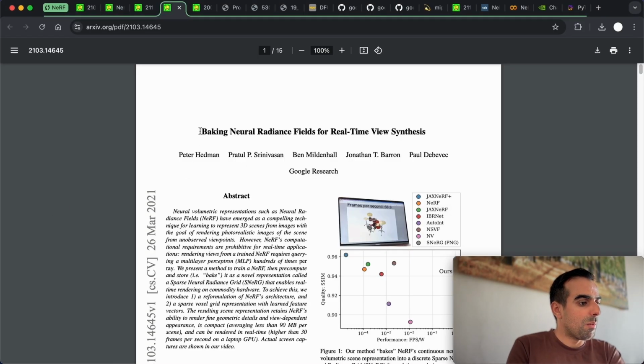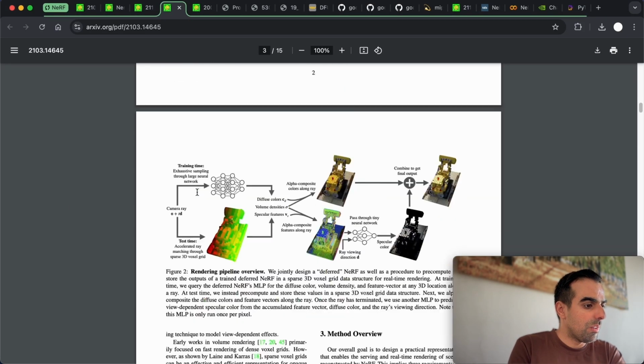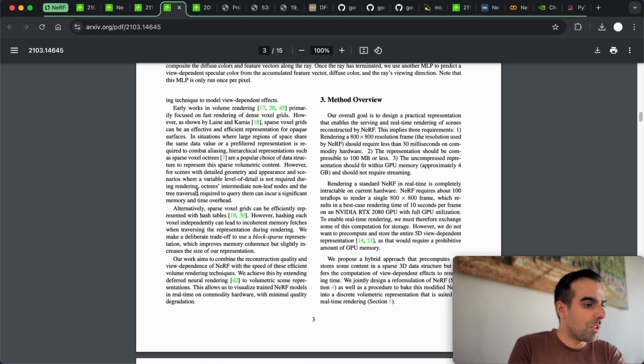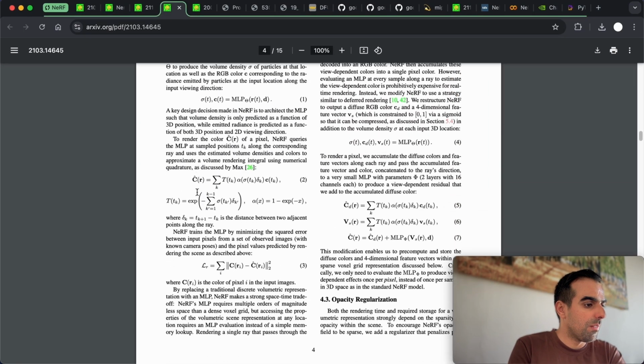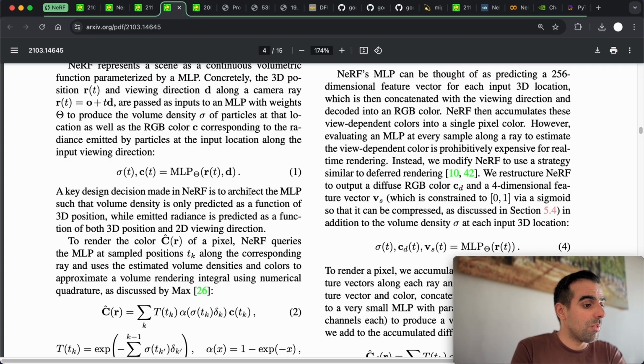So here in this paper, Baking Neural Radiance Fields for Real-Time View Synthesis, they gave a great explanation of the NeRF network. A key design decision made in NeRF is to architect the MLP such that the volume density is only predicted as a function of a 3D position. So you use the 3D positions to predict the density, while emitted radiance is predicted as a function of both 3D position and 2D viewing direction.